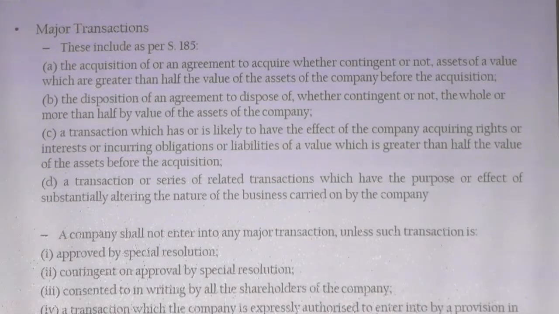These big major transactions include, as per section 185, the acquisition of, or an agreement to acquire, whether contingent or not, assets of a value greater than half the value of the assets of the company before the acquisition.